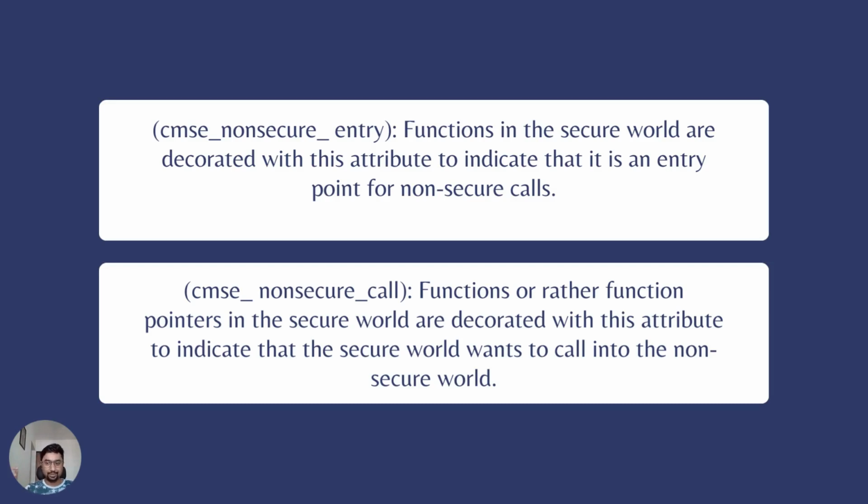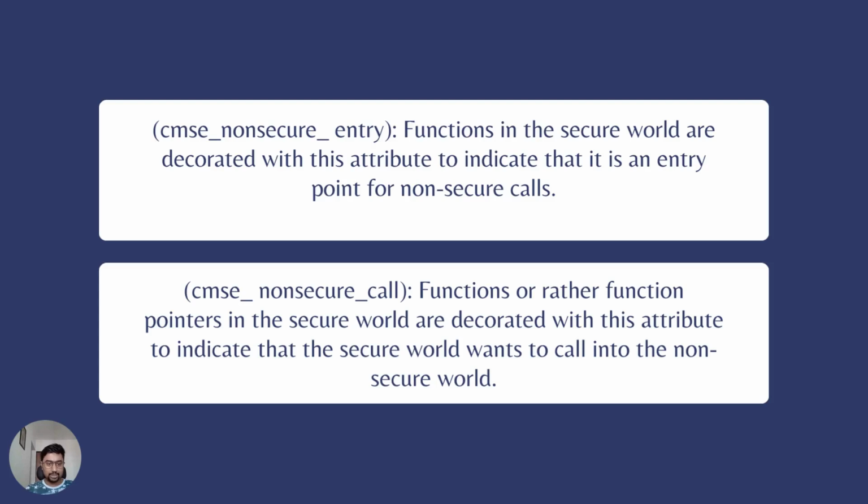That means the non-secure program will have access to these functions. Whichever functions in the secure world are decorated with this attribute will be accessible to the non-secure world. We'll read the definition also: functions in the secure world are decorated with this attribute to indicate that it is an entry point for non-secure calls.